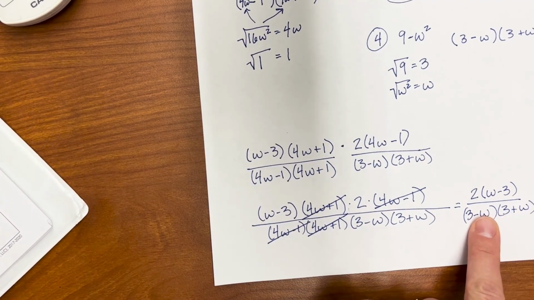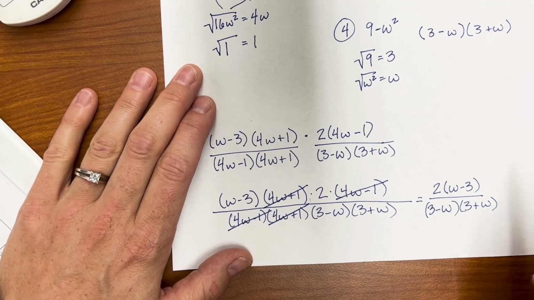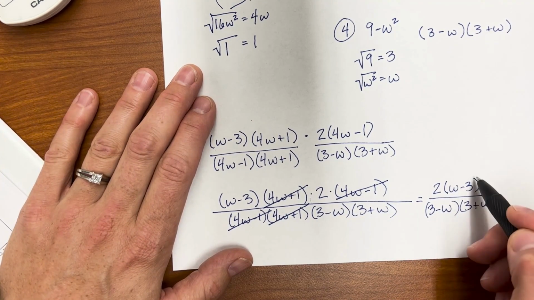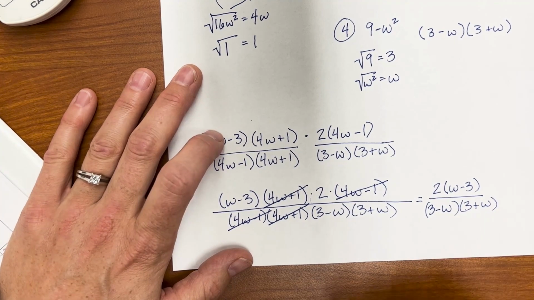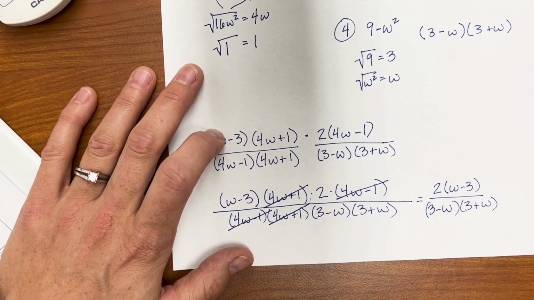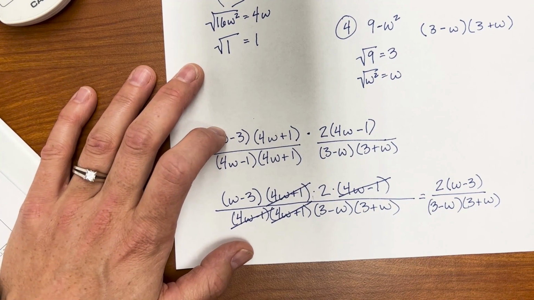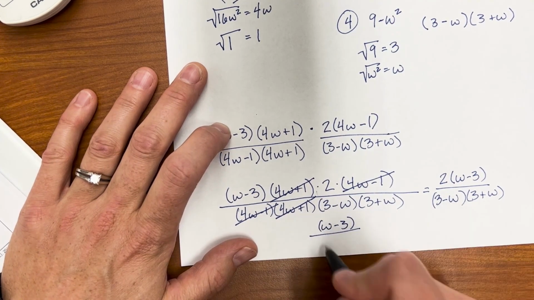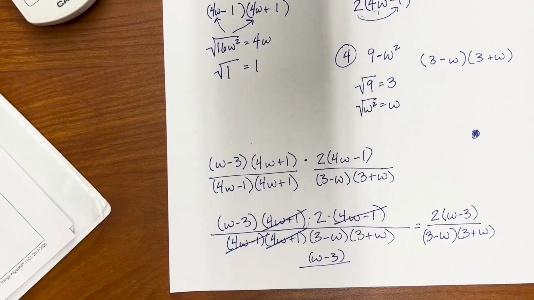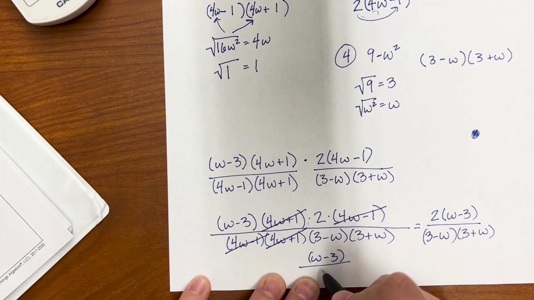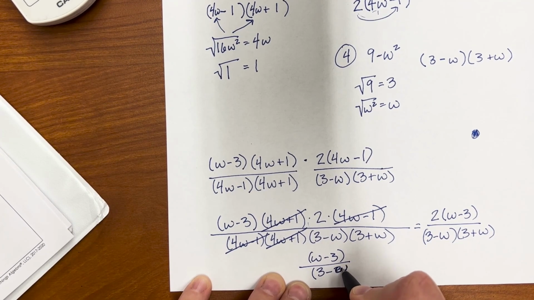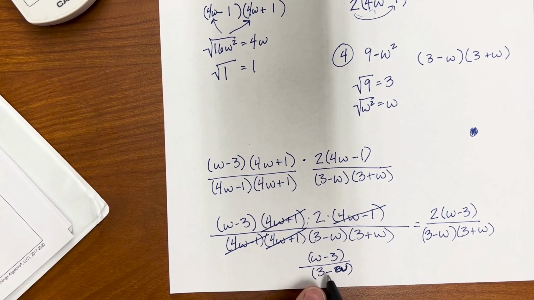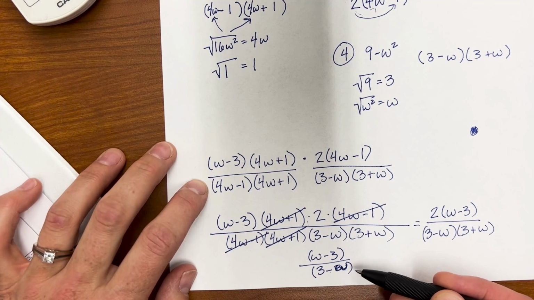What happens here, w minus 3 and 3 minus w, those cancel to make -1. And I'm going to show you why that works really quickly here. So w minus 3 and then 3 minus w. We can actually make 3 minus w into w minus 3 by dividing by -1.